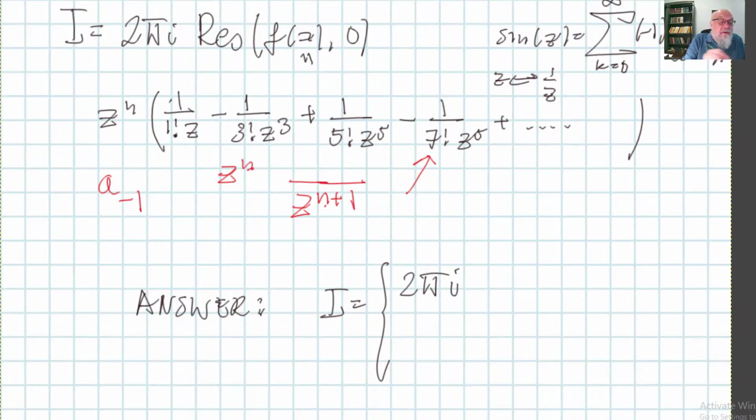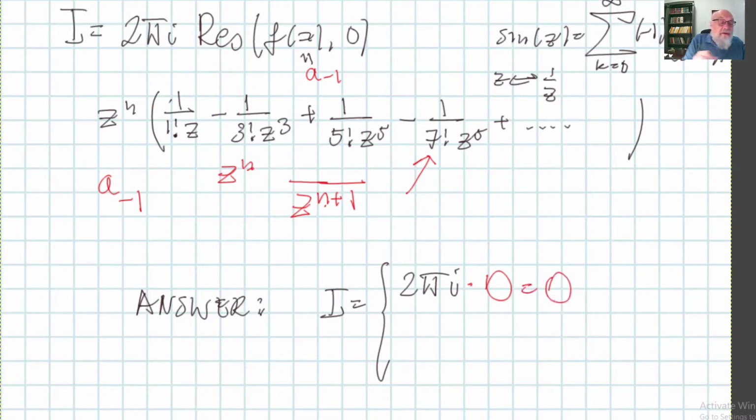If n is odd, then we don't have it, so this is equal to 0.